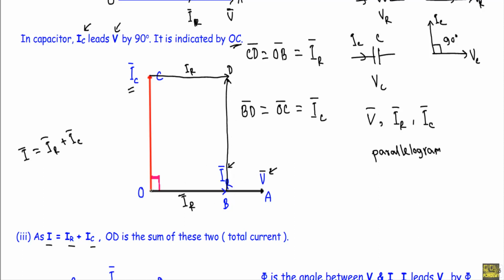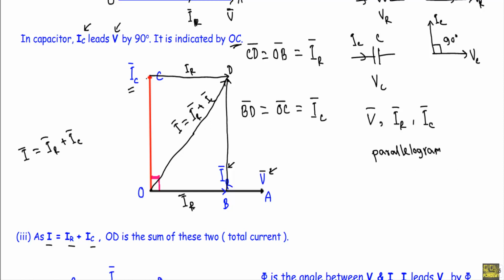If I join this O and D, that means IR plus IC will be equal to I. That means this OD vector will indicate IR plus IC. Or if I go in this way, this is IC and this is IR. In the same way, I will be equal to IR plus IC.